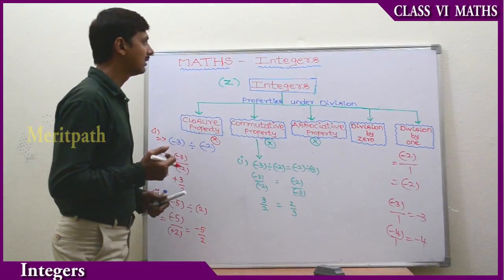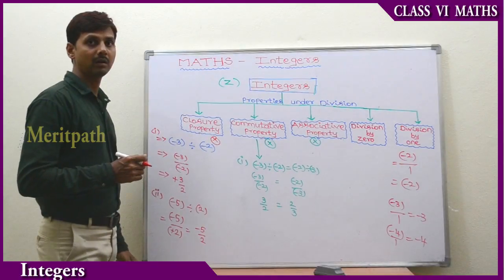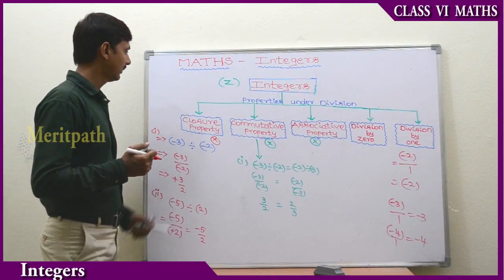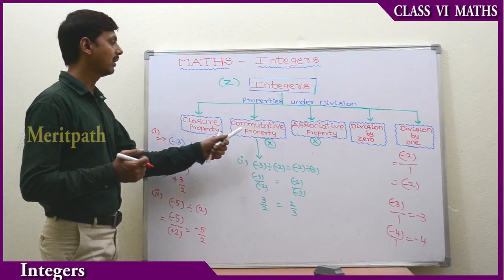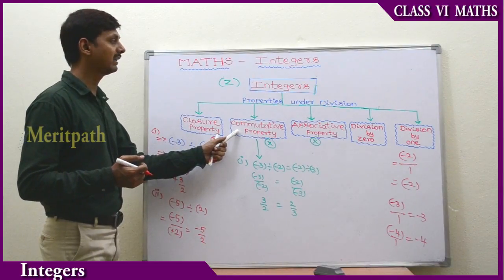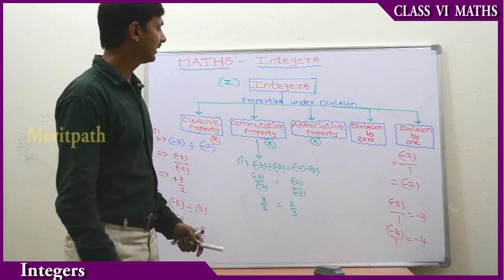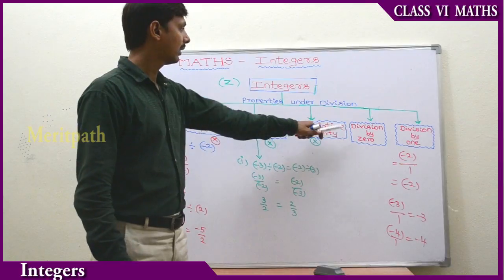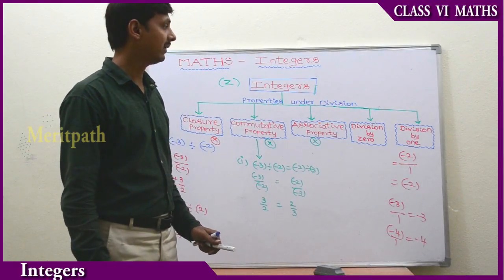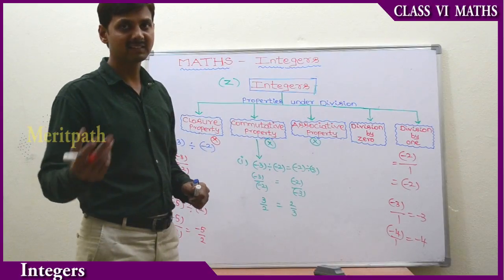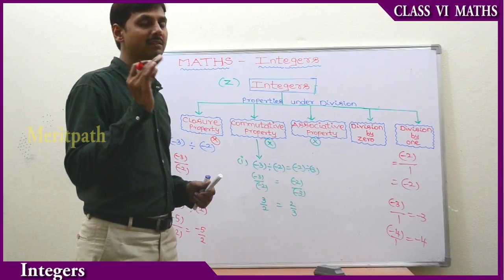So until now we have discussed the properties of integers under division. The closure property is not applicable over integers under division. The commutative property is also not applicable under division over integers, and the associative property is also not applicable. And division by 0 is not possible, so we call it undefined. And division by 1 gives the same result, except when the numerator is 0.